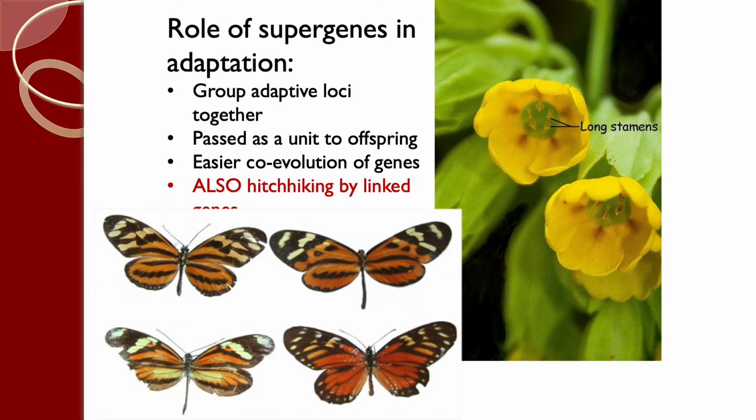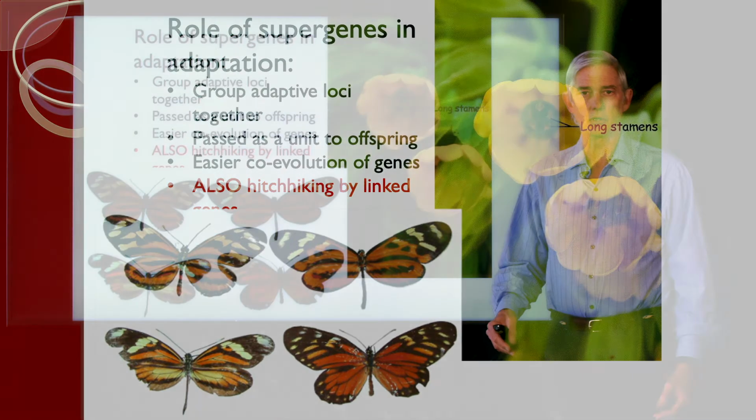When people have talked about the linkage among genes in genomes and on chromosomes and their role in adaptation, they often call them supergenes. It is sets of chromosomes that have adaptive genes in one section of those chromosomes, and the fitness of the organism or the adaptation of that organism to that environment is the sum total of all of those genes in that section that contributes to that adaptation.